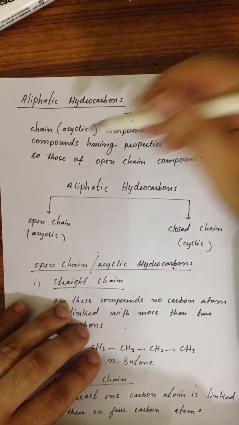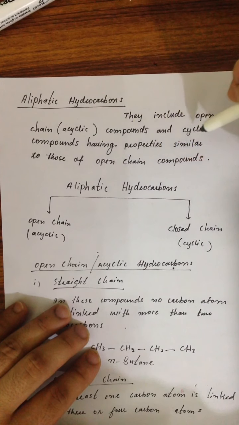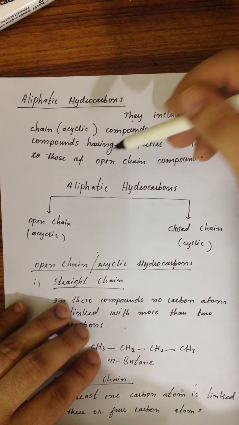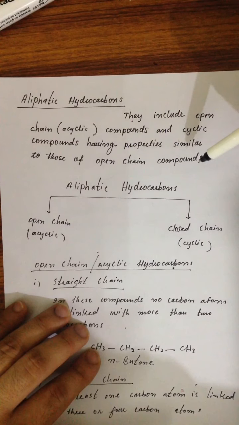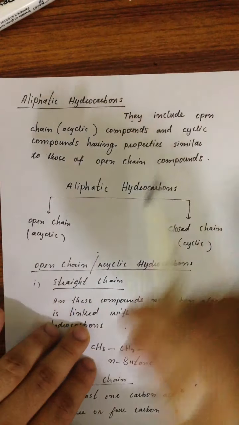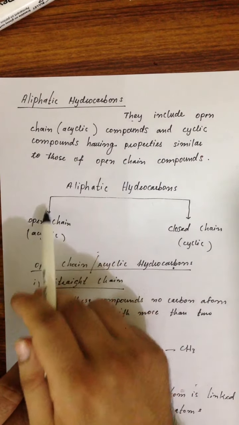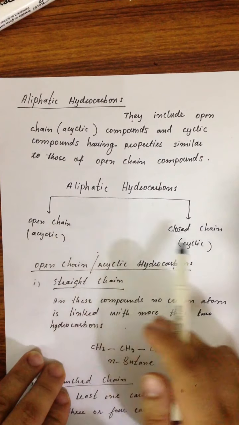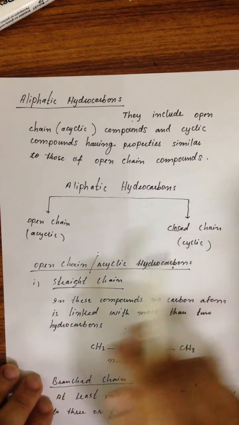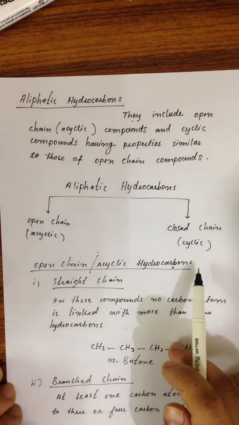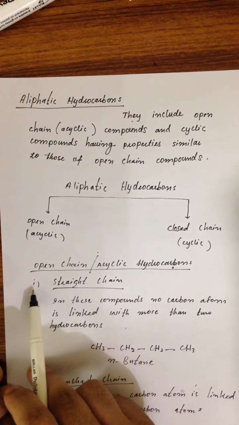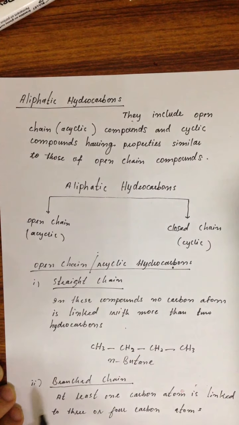So they include open chain acyclic compounds and cyclic compounds having similar properties to those of open chain compounds. You can see these compounds are classified into open chain and closed chain. So what are open chain or acyclic hydrocarbons? They can be straight chain or branch chain.